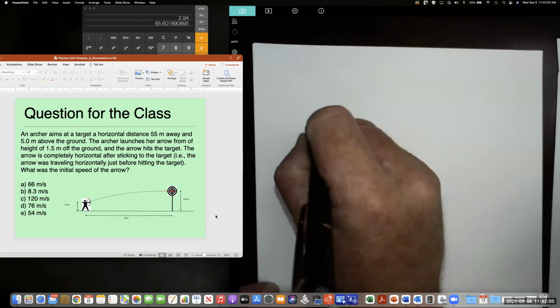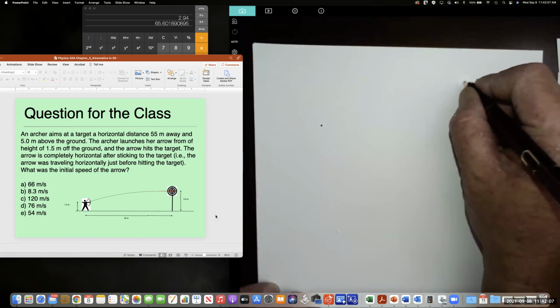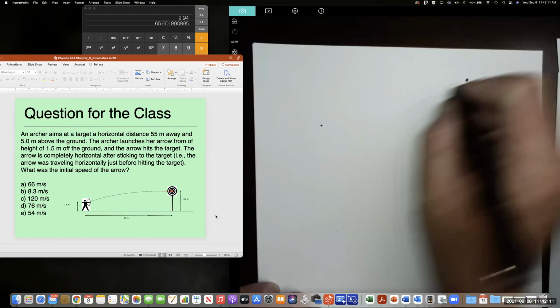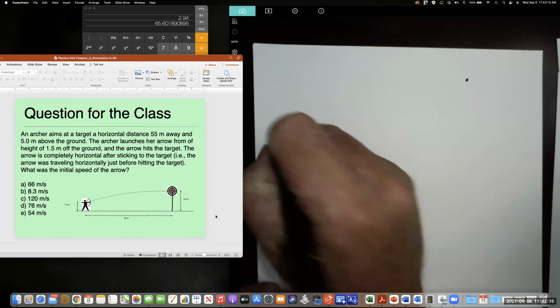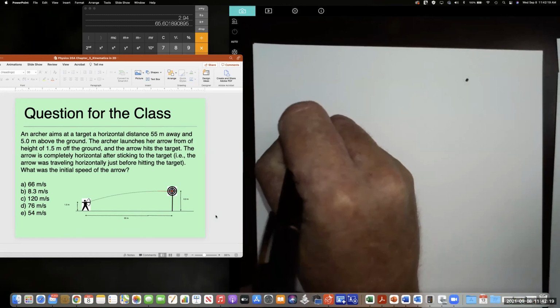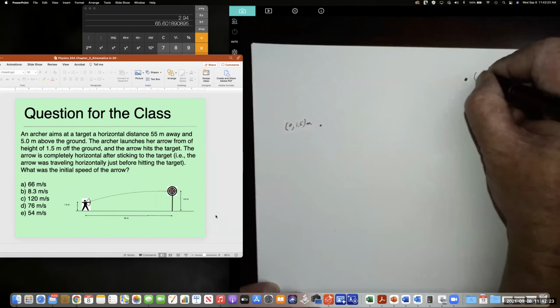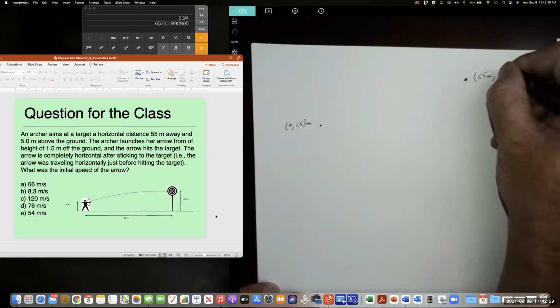Now, we're going to start at, there's our target over here. And so this is position 0 and 1.5 meters. This is position 55 meters and 5 meters.